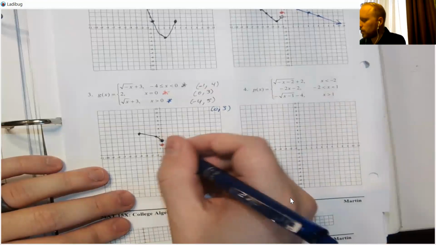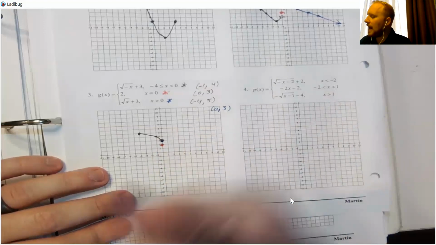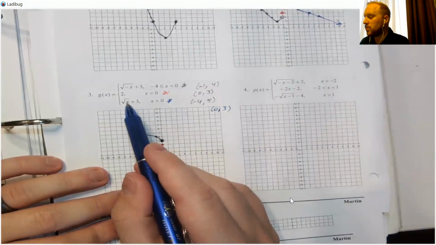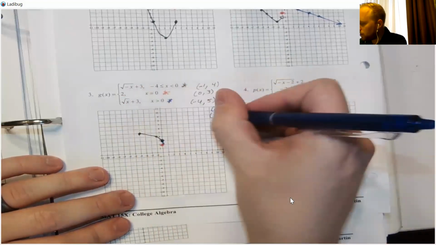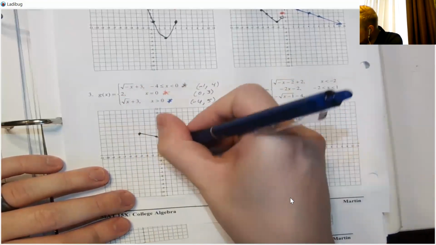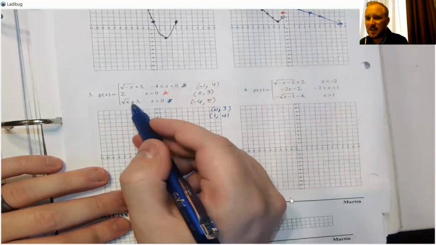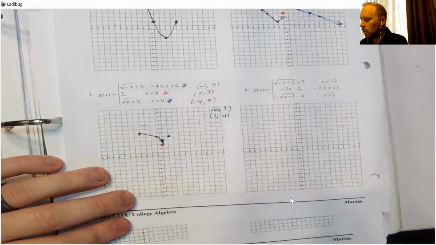See how I shade it in between there. Okay. And I'm going to pick values that are going to give me whole numbers in here. So the square root of 1 is 1. So I can do 1. 1 plus 3 is 4. So I know I have 1, comma 4. If I do 2, well, that's going to be a decimal. So I want to do values that are going to be whole numbers, like 4.